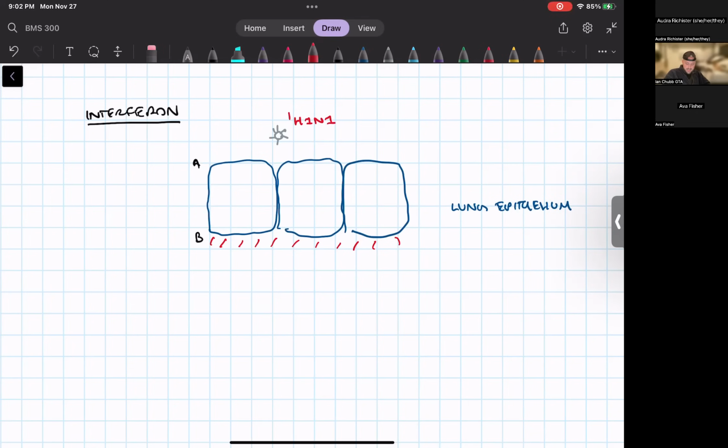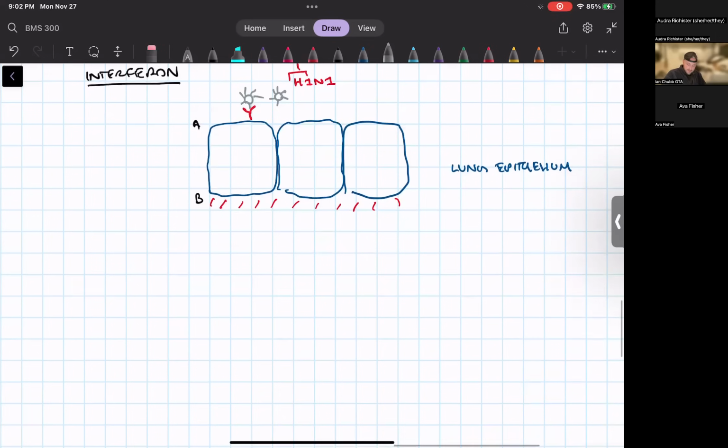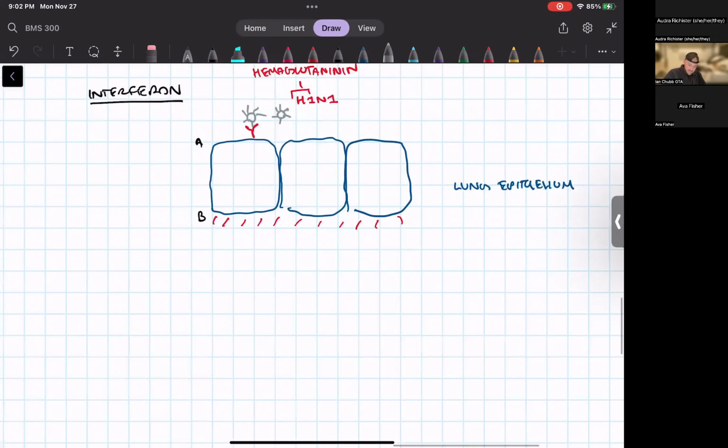So that's what that H stands for, is hemagglutinin. So we'll have that receptor on our cell surface, that H1, and that virus will bind to it. Part of its proteins on that surface will bind. And then it's going to be phagocytosed. So it's going to be eaten up by the cell.